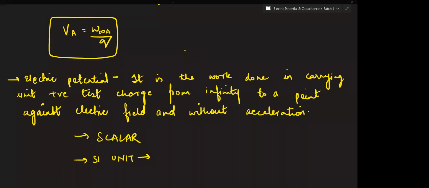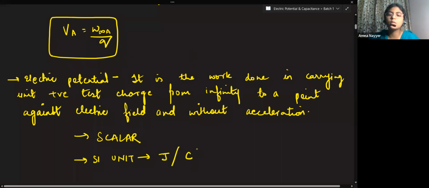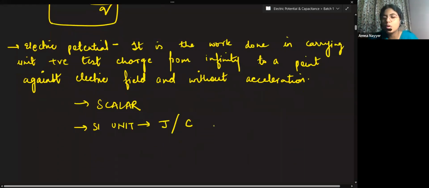What will be the SI unit? J by C, yes, correct. Joules per coulomb. Perfect. One more thing you have to remember: 1 joule per coulomb is also called a volt. So you have the SI unit of potential as joules per coulomb, or as volt.